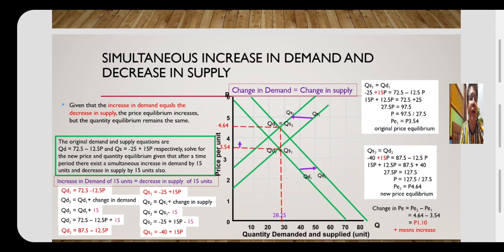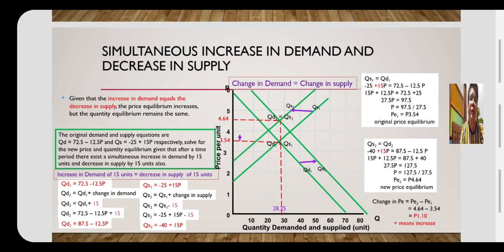And in this next slide, still the same situation, the change in demand equals the change in supply, but here there is already an opposite direction between the demand and supply.